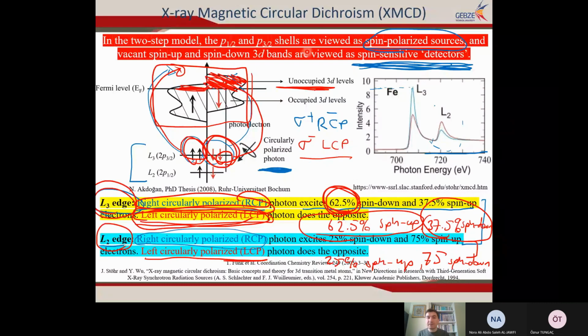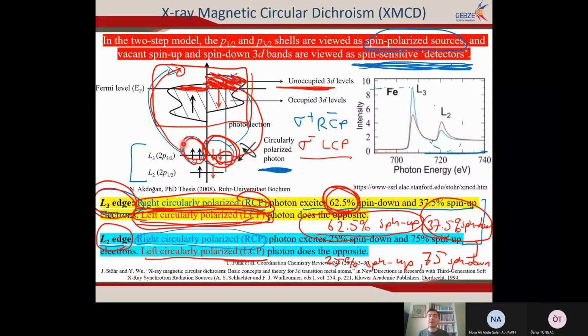The two-step model tells us that the L2 and L3 levels can be considered as spin-polarized sources, and this 3D level can be considered as a spin-sensitive detector, okay?